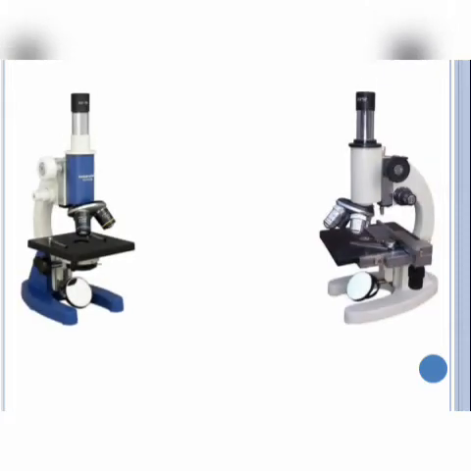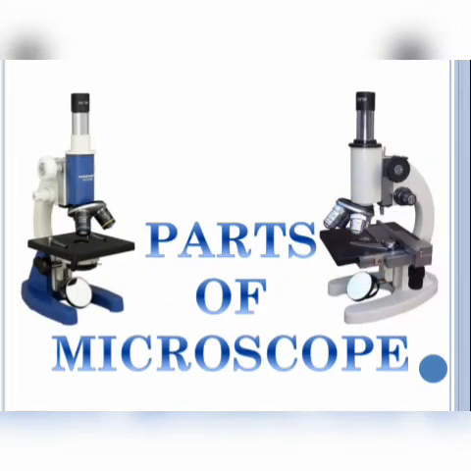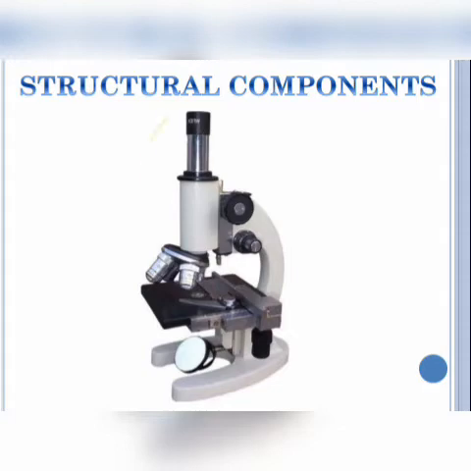Now, let us discuss the parts of microscope. A microscope has three structural components. The first, which is the head or the body. It comprises optical parts in the upper part of the microscope.